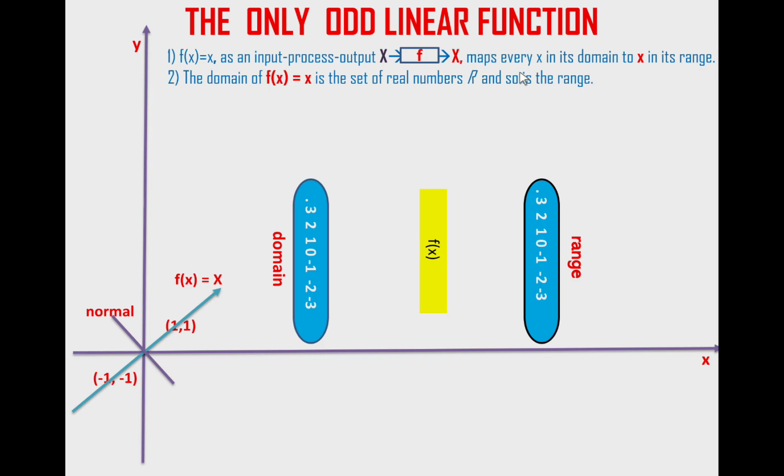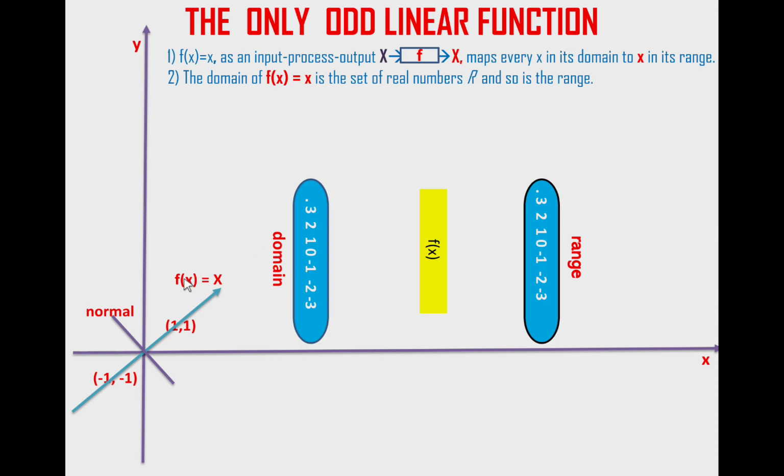Let's take a look at what the domain is. The domain of f of x equal to x is the set of real numbers R. F of x equal to x, where x, the input to the function, is coming from the x-axis, and we know the x-axis represents all the real numbers, positive or negative. So since the input to f is coming from the x-axis, the domain of the function represents the real numbers.